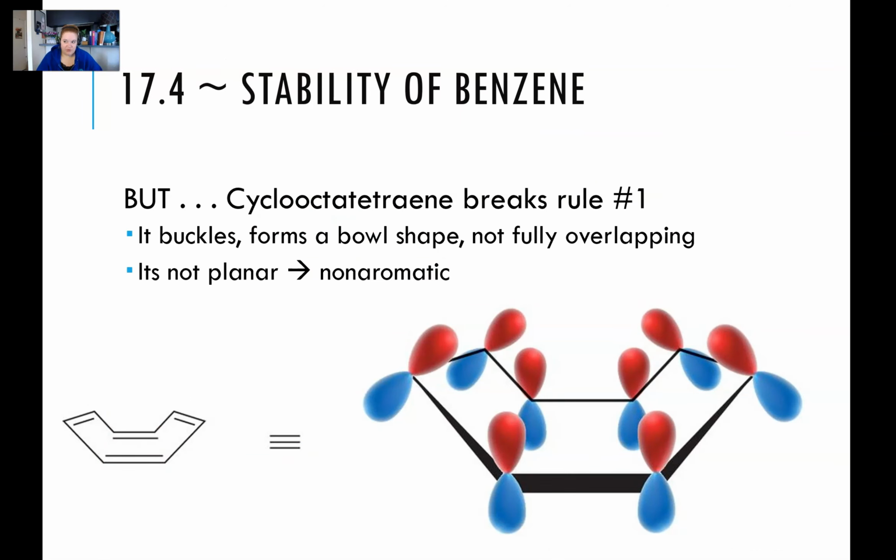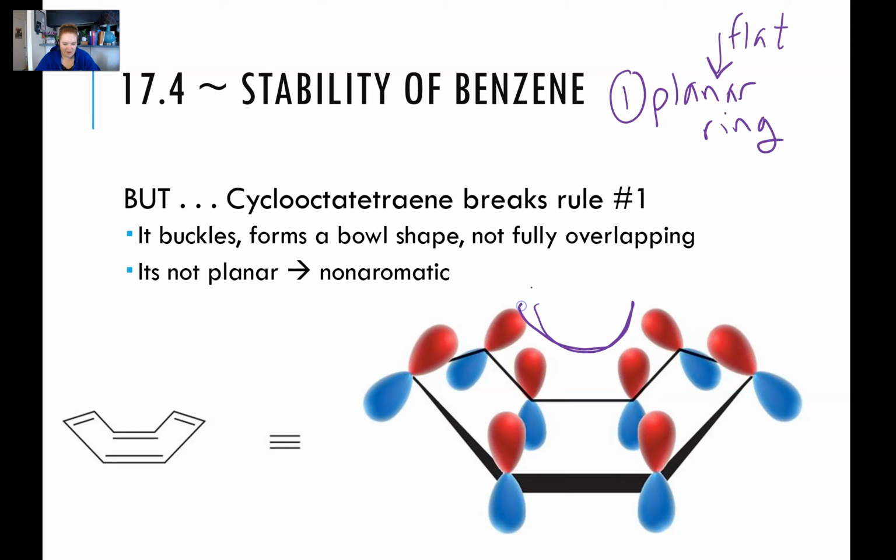The first rule is that we have to have a planar ring. So rule number 1 is we have to have a planar ring. Planar just means flat. So cyclooctatetraene isn't actually flat. It forms kind of this buckled shape, a bowl shape, a boat shape, however you want to think about it.